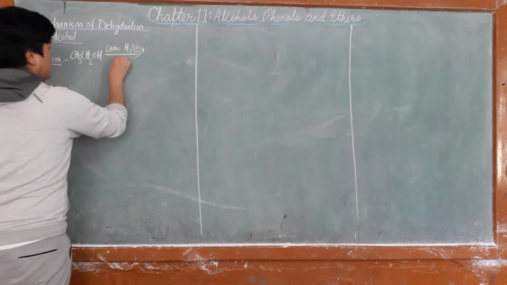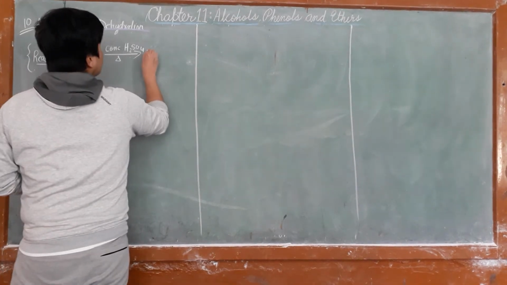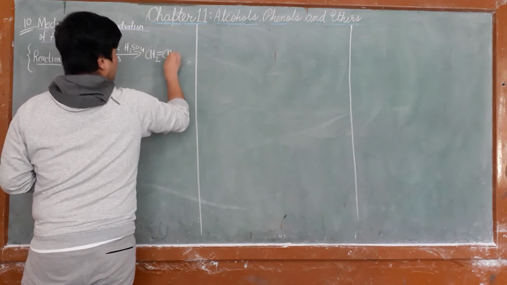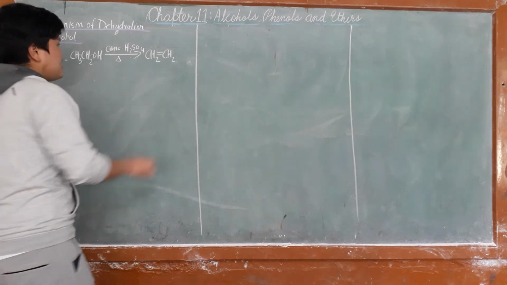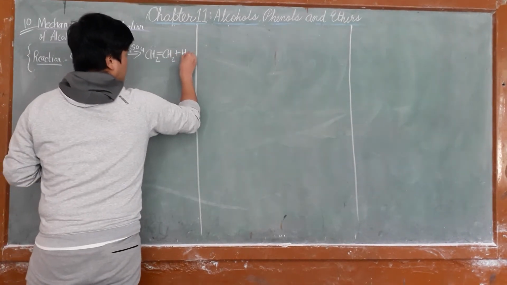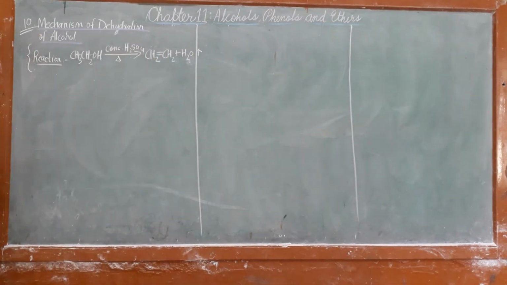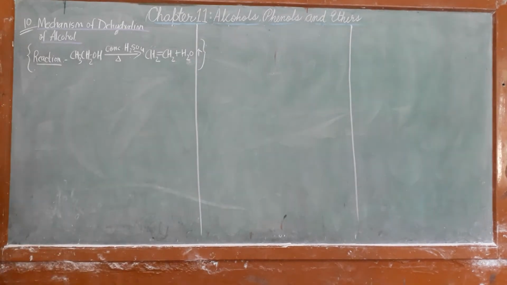And we have to heat it as well. Now what happens? The main product that we will be getting will be ethene along with water. So this is the basic reaction that we are going to talk about, and now the mechanism.